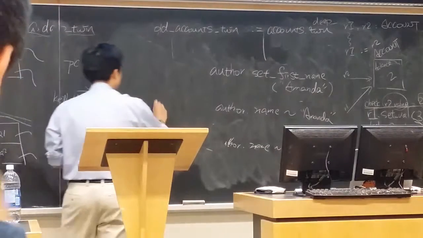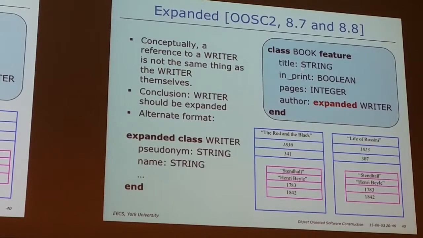aliasing, that means you might have, in Eiffel, either when you actually declare the writer here, you can say that's expanded. That means that's an integral part of the book object here. Either you say that here, or I think the more common way to do it is simply say writer is actually an expanded class.